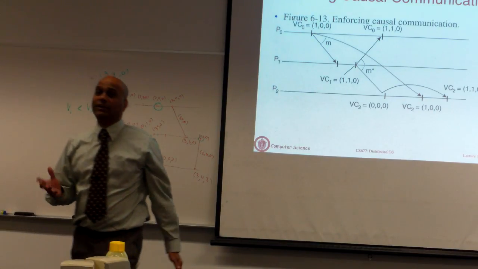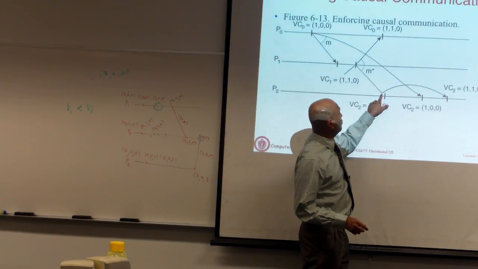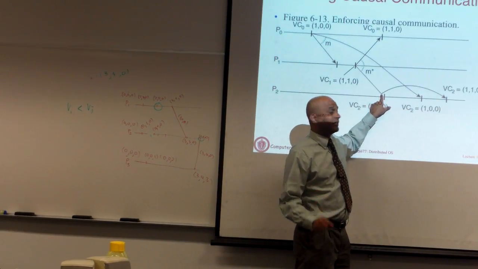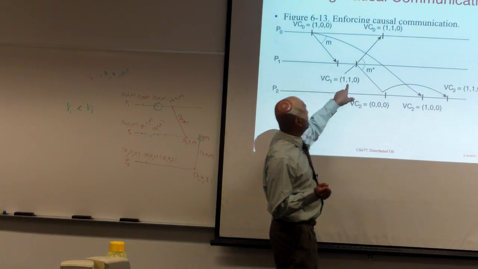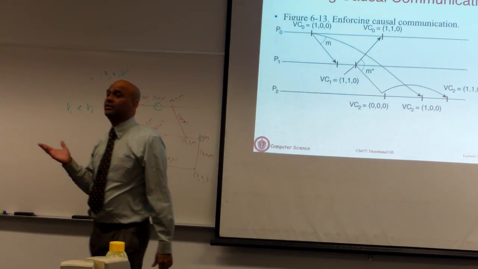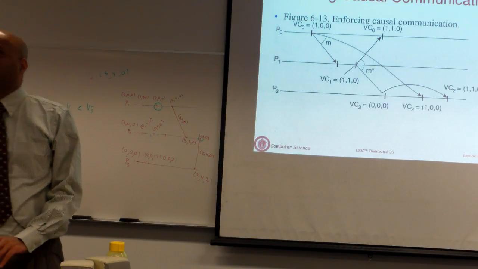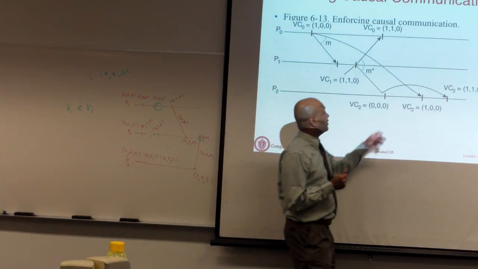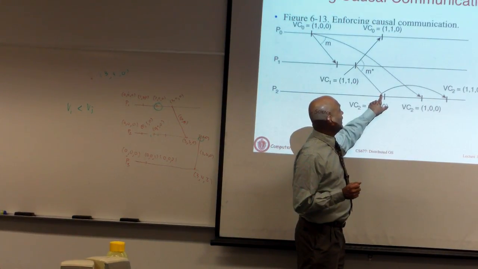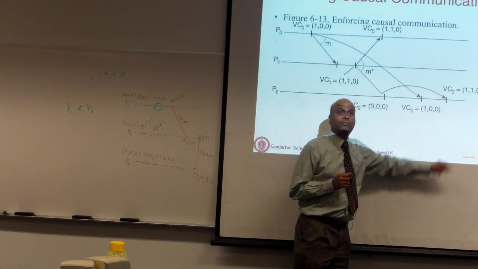You can buffer it and delay its delivery to the local process until that message arrives. So what happened here is you delayed receipt because you know there's some other message in transit, based on just looking at the timestamp of 110. You can say, okay, P1 sent a message, I still haven't received it, so I'm going to wait for it, because otherwise I will not enforce causal delivery. So I delay it until this message arrives and then I take delivery of it later.